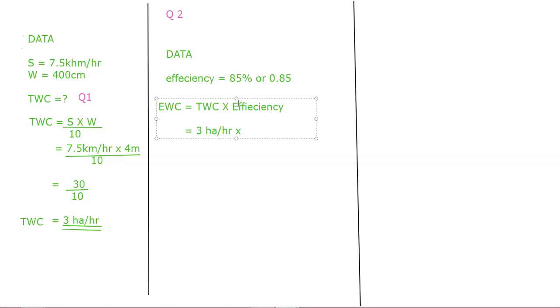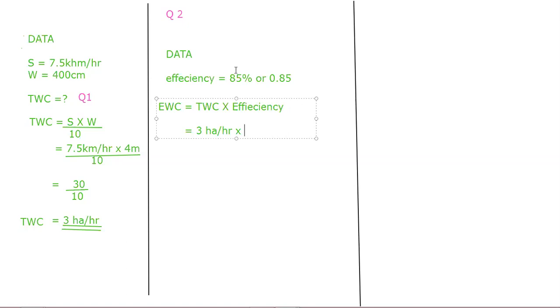In tutorial 2, the questions that I've showed you, please just go through. It says, what is the effective work capacity if the plowing efficiency was 85%? This is the efficiency, 85%.